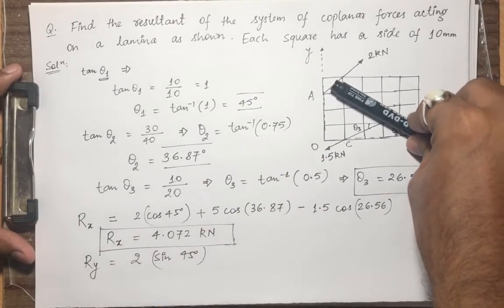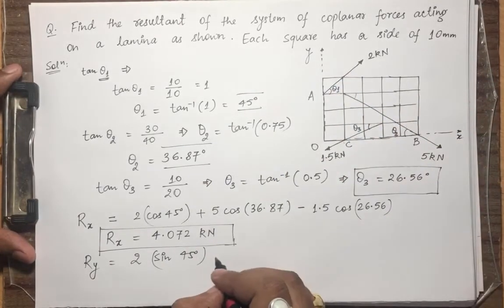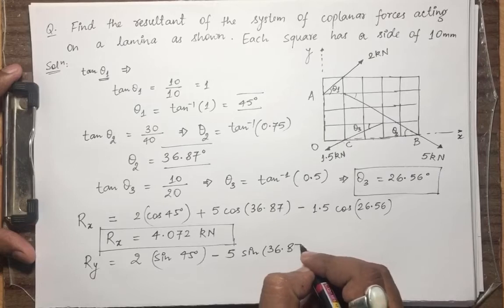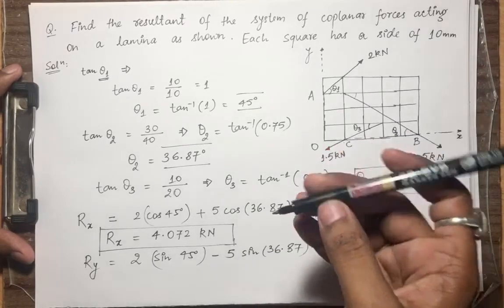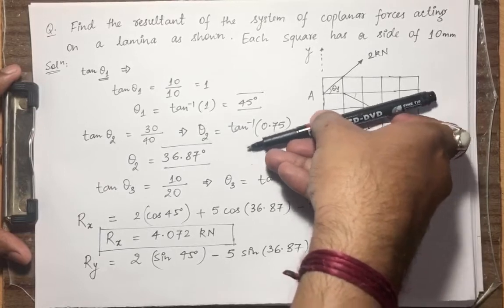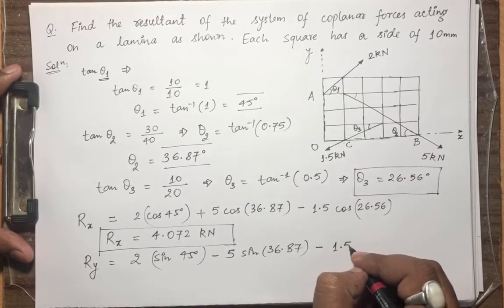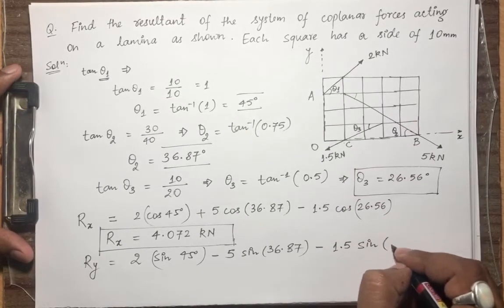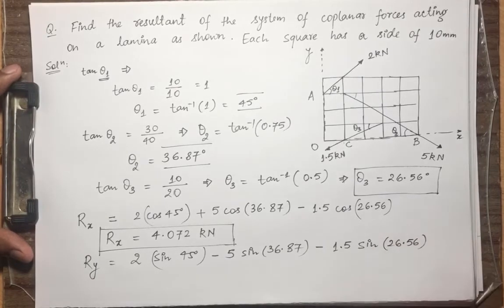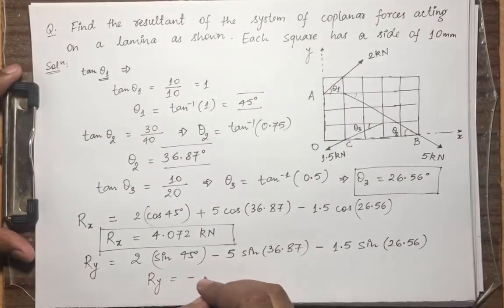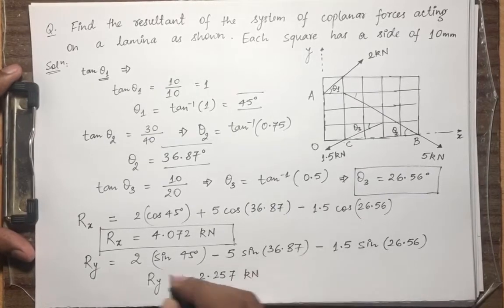For this 5, y is in the negative y direction, so minus 5 sin 36.87. For this 1.5, y will be towards negative y, so minus 1.5 sin 26.56. It comes out to be minus 2.257 kilonewton.